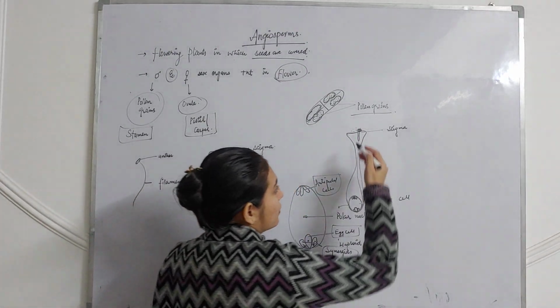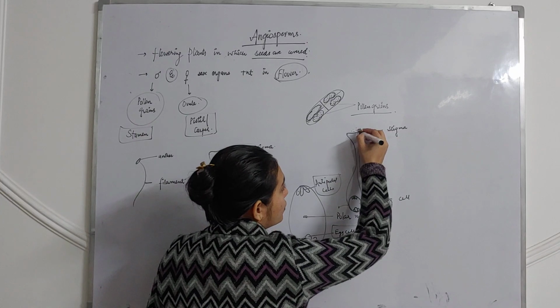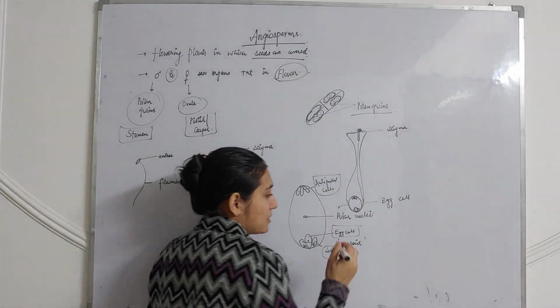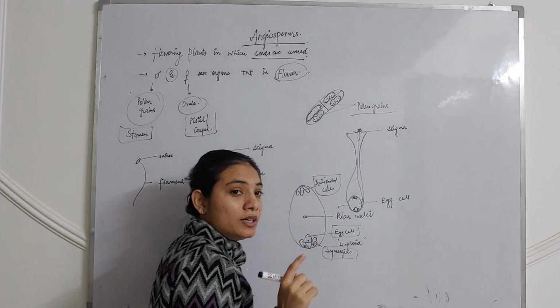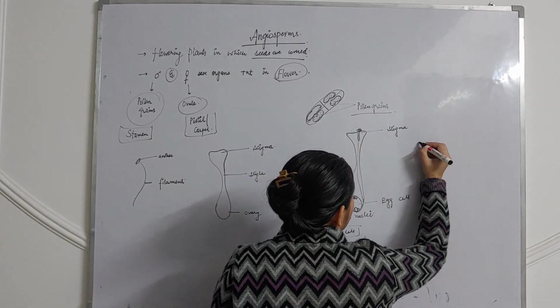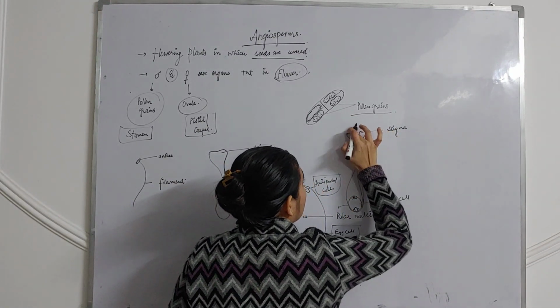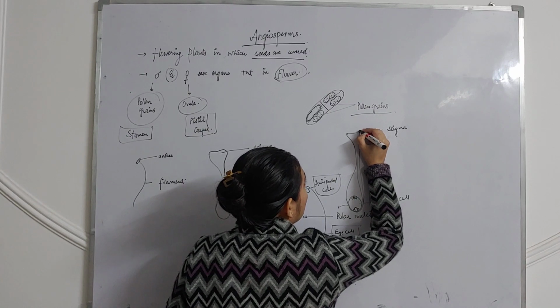In one pollen grain, 2 male gametes are present; let me draw an enlarged view.